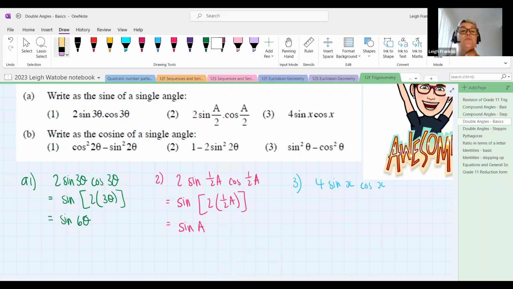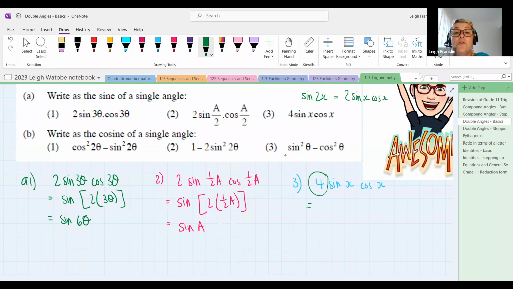All right, so what we are doing here is we are focusing first on the 4. Remember our sine double angle identity, when it's been expanded. So in other words, sine 2x is 2 sine x cos x, isn't it?